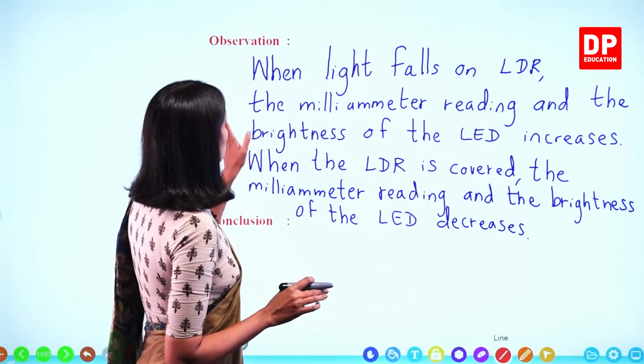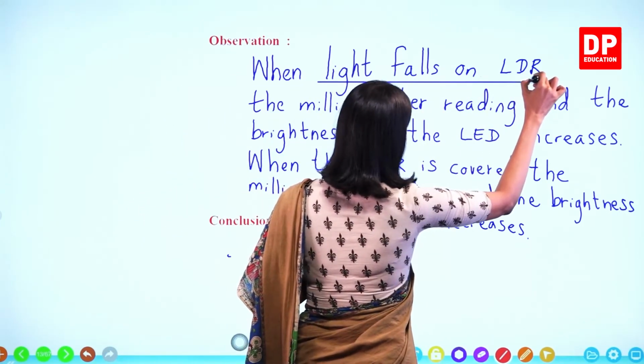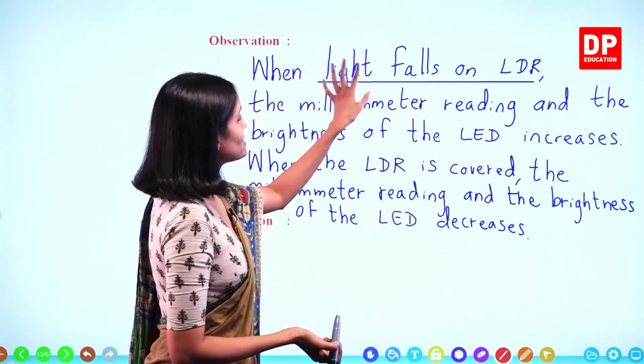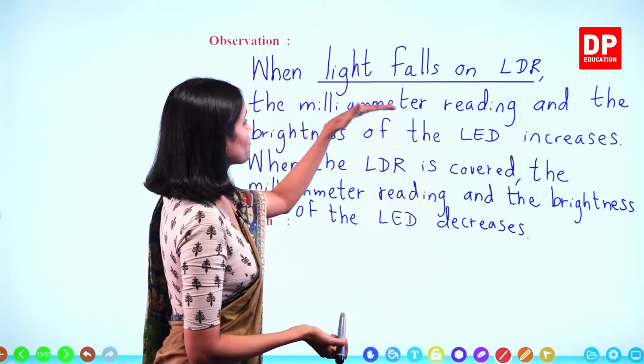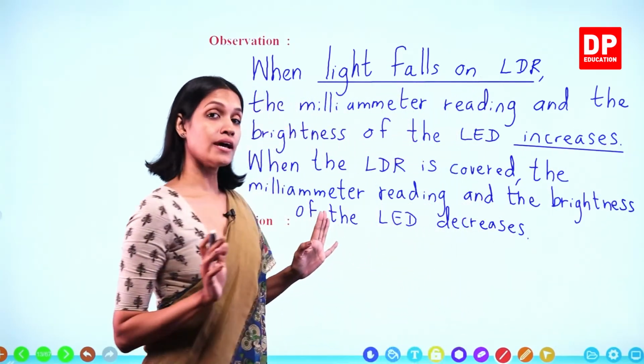Okay, children? When light falls on LDR, the milliammeter reading and the brightness of the LED increases, right?